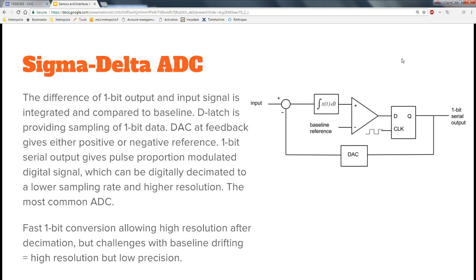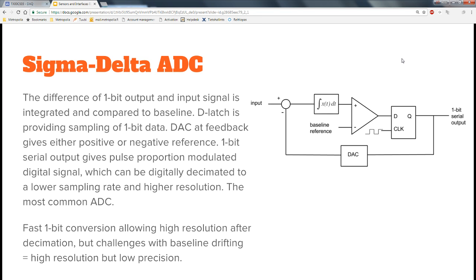Okay, the catch here is that the 1-bit serial output then gets some heavy post-processing. So the accuracy or the resolution is increased by summing this 1-bit serial output, or actually digitally integrating the serial 1-bit output, and then some filtering, of course, anti-aliasing filtering.